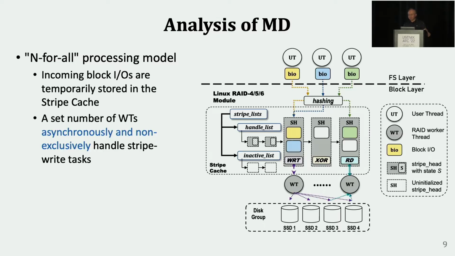So the MD module invokes multiple functionally equivalent worker threads to process stripes asynchronously and non-exclusively, with the exception of when accessing global shared data.